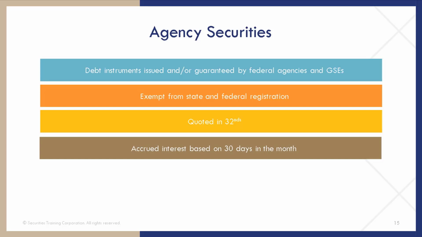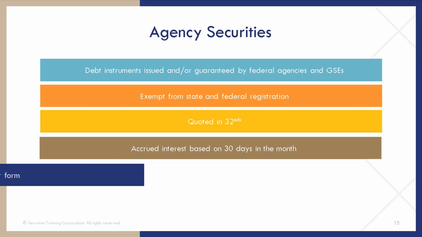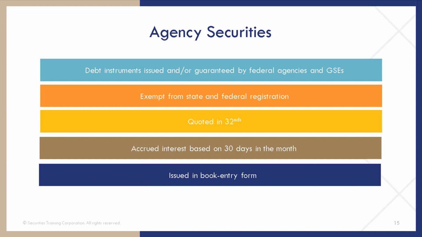And then it's also based on 360 days in a year. So for corporates, munis, and here we see the government agencies, generally when they calculate accrued interest, they just assume that each month has 30 days and that the year has 360 days. And similar to treasuries, they are generally issued in book entry form, meaning there's no physical certificate that's actually issued.